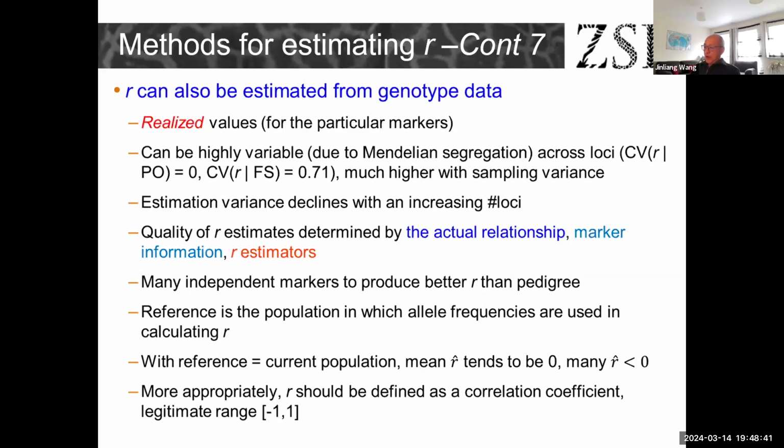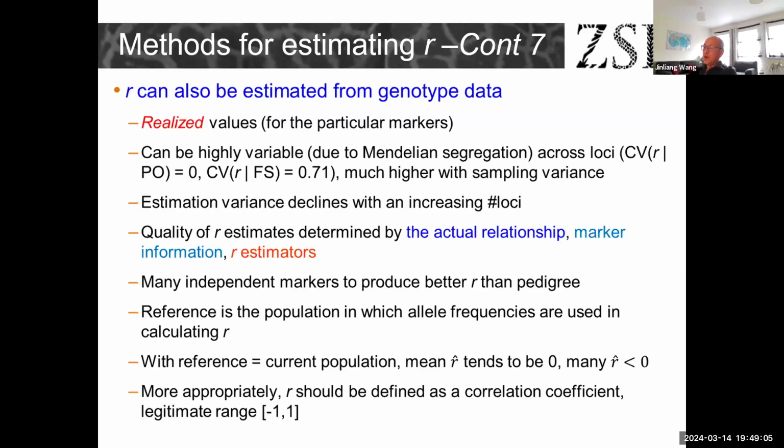In terms of the negative relatedness estimates, it's better to use the correlation definition rather than the probability definition, because some people tend to discard negative estimates or truncate relatedness estimates.